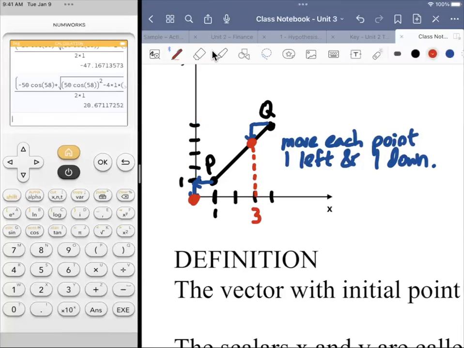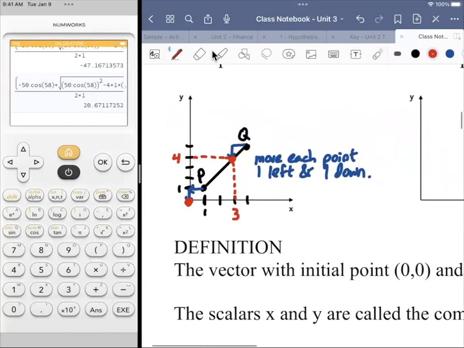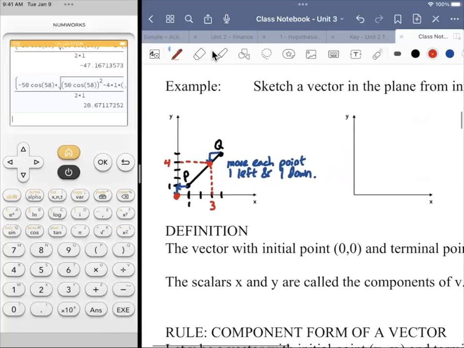So that made the new X value 3 and the new Y value 4. If I want to create the graph, I need to start at 0, go out 1, 2, 3 units in the X, and 1, 2, 3, 4 units in the Y. Draw a ray going from the origin to that point and throw an arrowhead on it, and that's vector PQ.